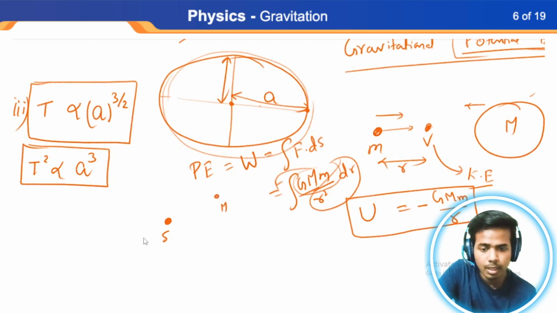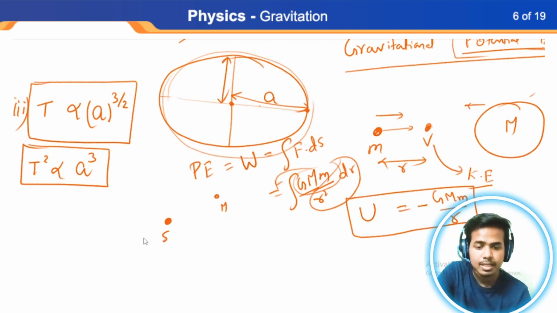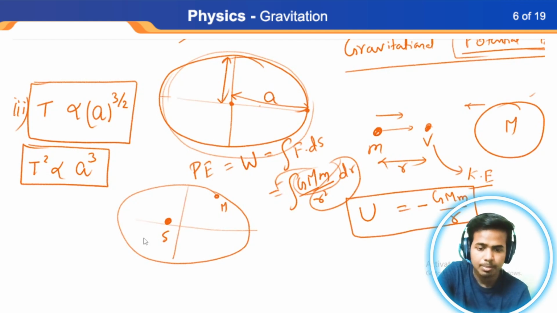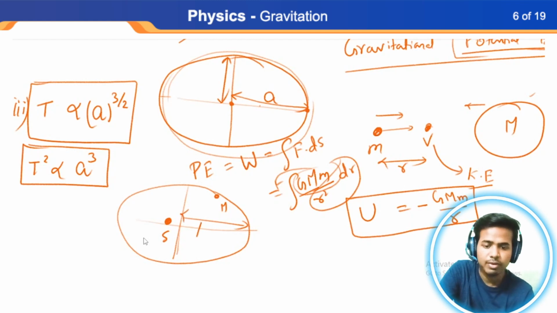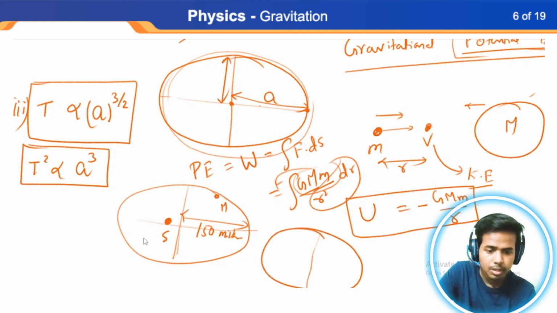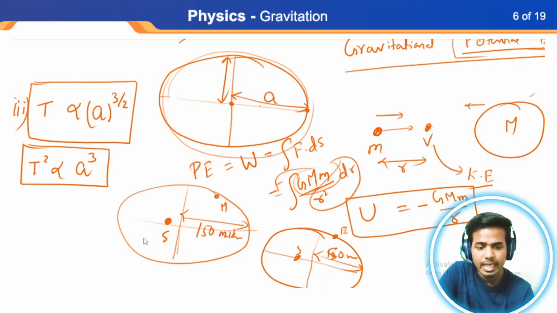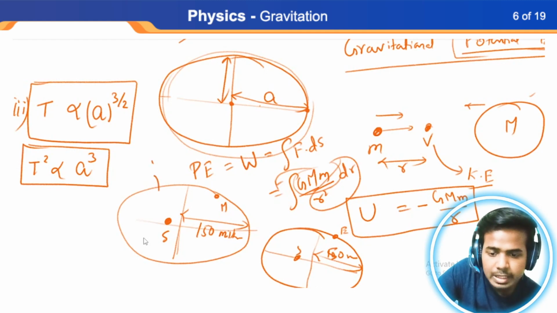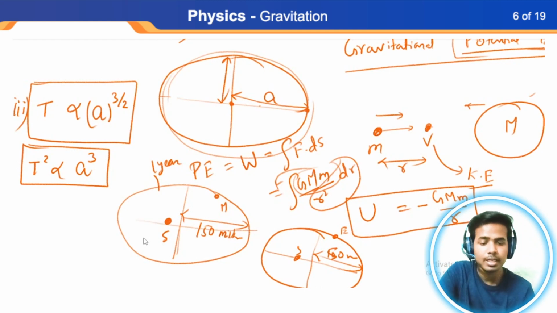But in one case the ellipse looks something like this, in which the semi major axis is maybe 150 million kilometers, I think you may be remembering, and there is another system in which the semi major axis is maybe 50 million kilometers, and there's the same earth and the same sun. Then if it takes 1 year, how much time will it take?